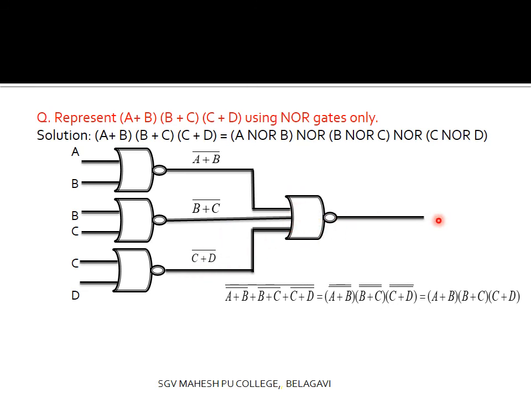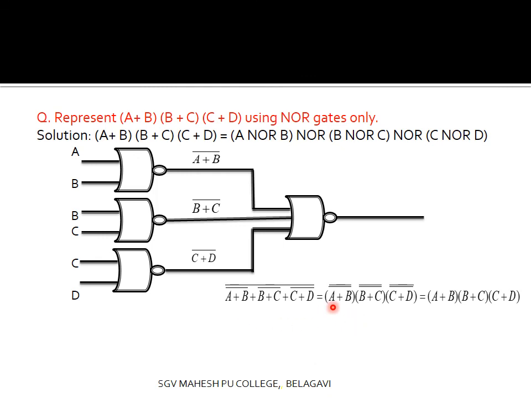What happens if I give the input for this? This is what I get here: (A plus B) bar plus (B plus C) bar plus (C plus D) bar, the whole bar, because we are using NOR gates. And as usual, we apply De Morgan's theorem.